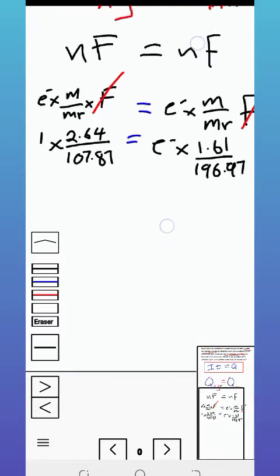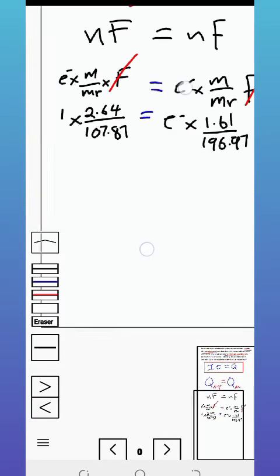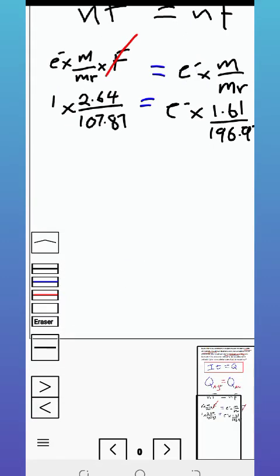Then from there we just do simple mathematics and try to arrive at the answer. If we punch this through, this one goes there, this one goes down here.